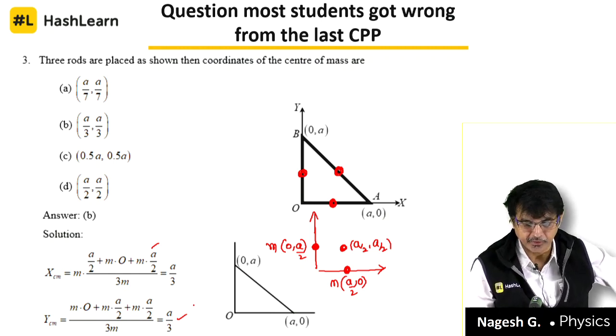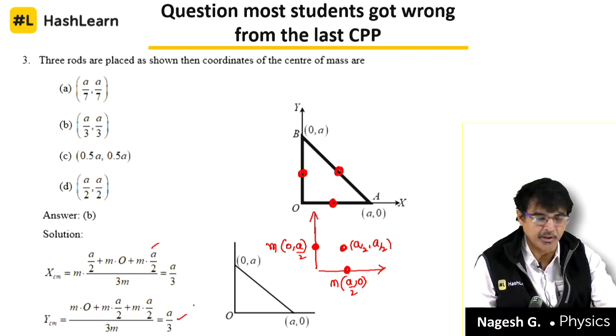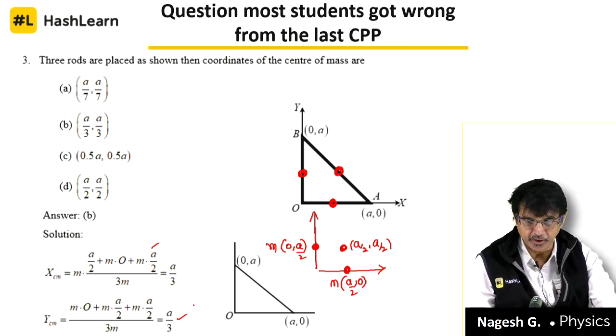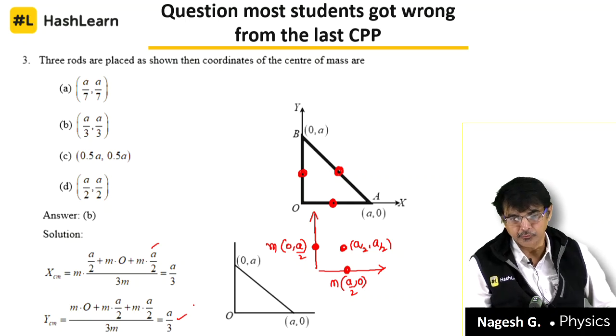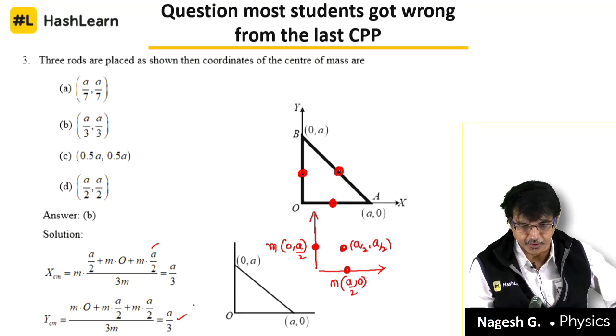Finally, the result is (a/3, a/3). This is how to handle it. Don't treat it as a rod, treat it as a particle.